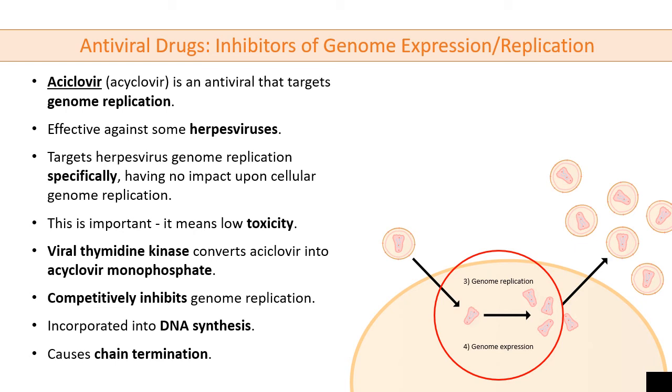So for researchers to get around this problem of viruses using host cell machinery, they need to approach it in some very interesting and unique ways. And this is one of the ways that is quite ingenious. And the drug only becomes active when it is activated by the viral enzyme, and the viral enzyme is thymidine kinase.